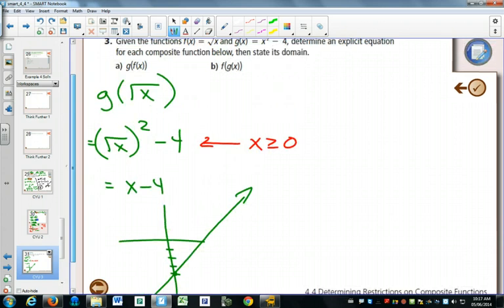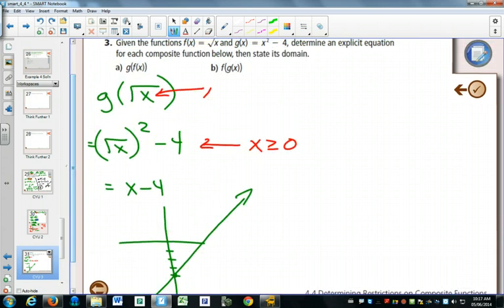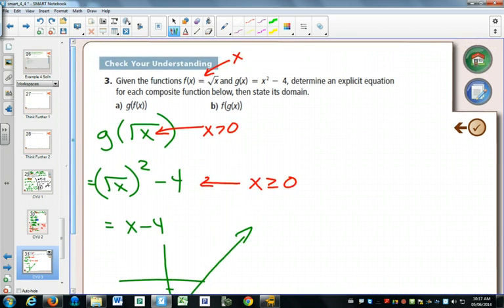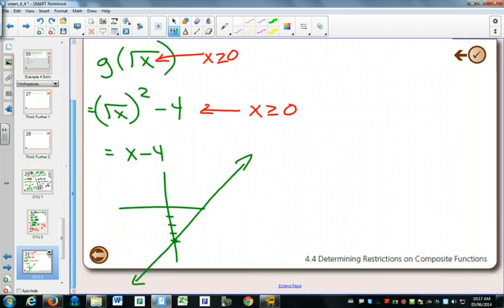In fact, right from the beginning, f of x only works when x is bigger than or equal to 0. So when we get our final graph, which is x minus 4, which is the full line, we have to look back at our domain and see if there would be any problems at any time when we plug it in. And you have to look at this whenever you have square roots.